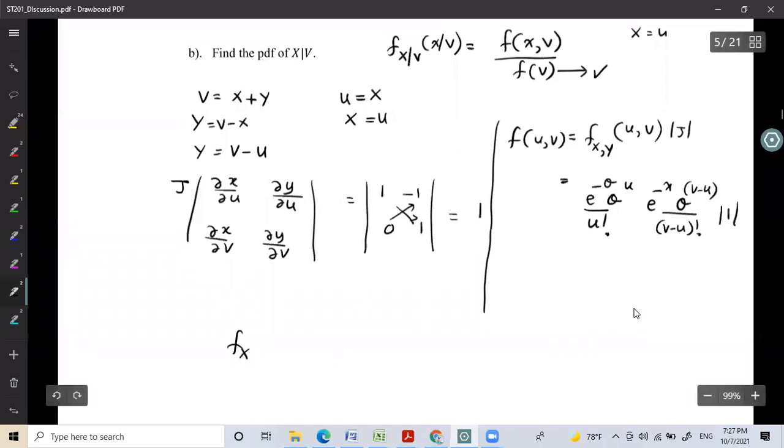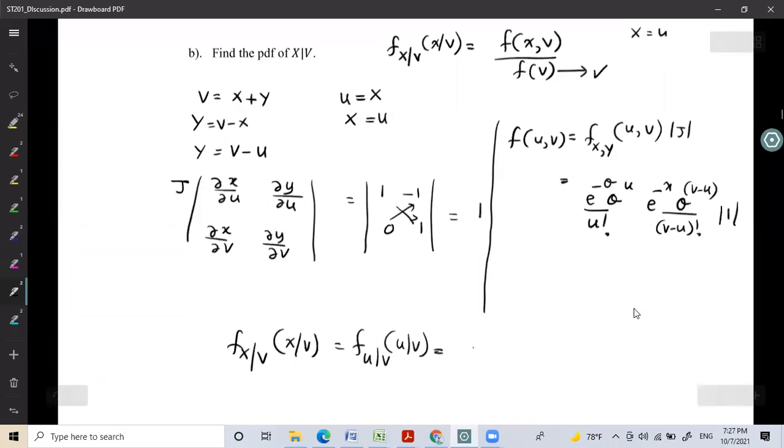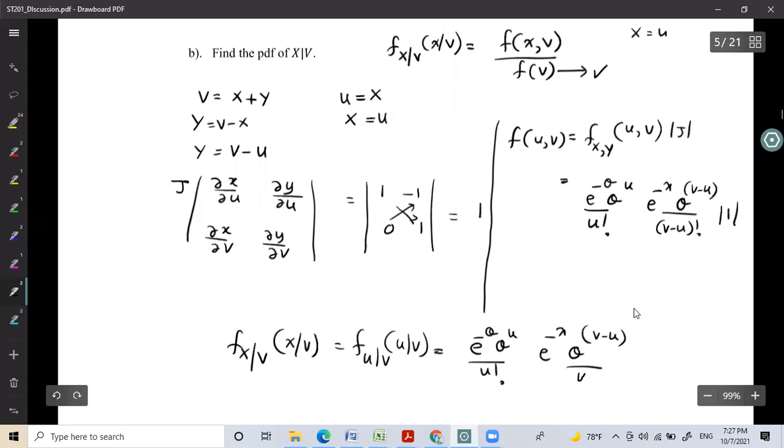What we want is the conditional density of x given v. Okay, so this is same as the conditional density of u given v because our x is u, right? Okay, so we have the top, and at the bottom, we have the density f of v.